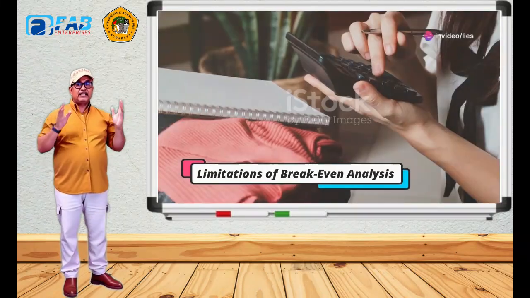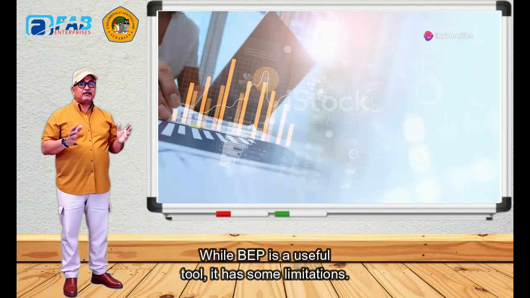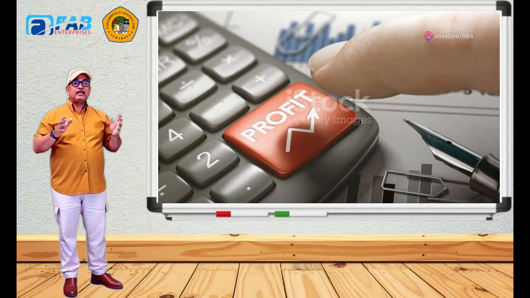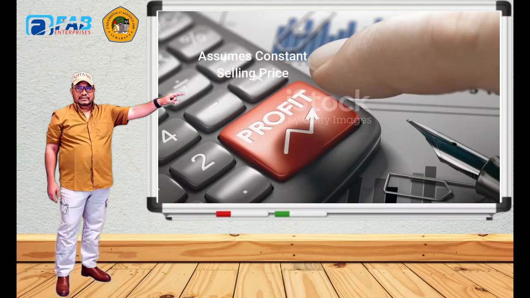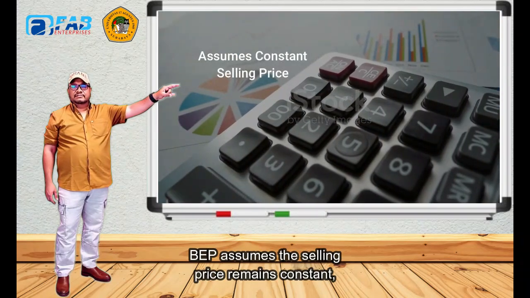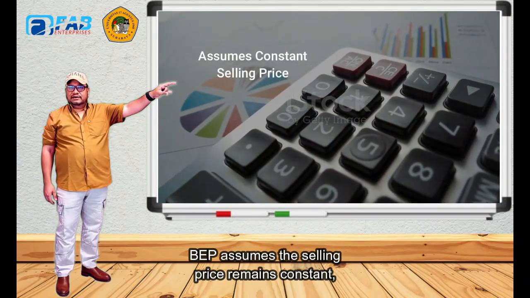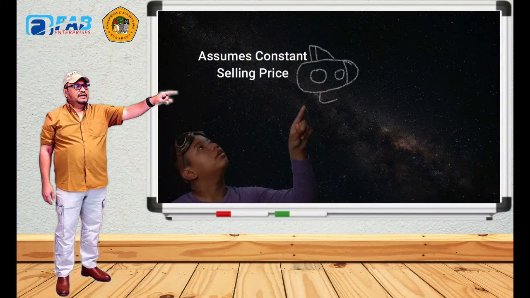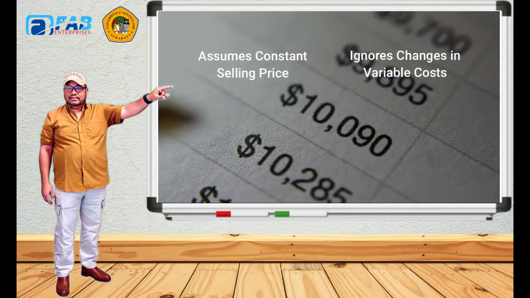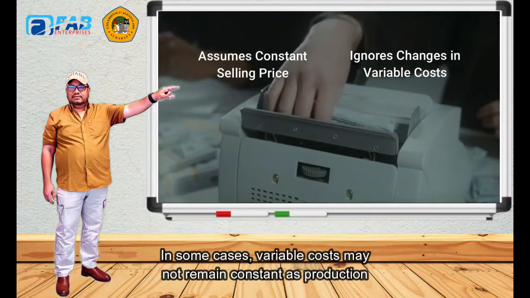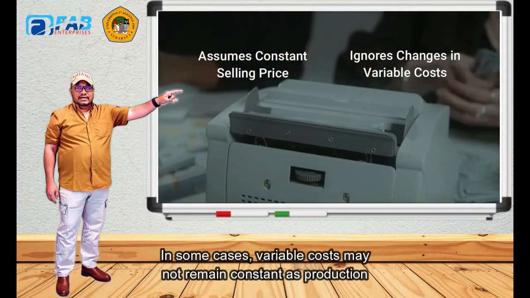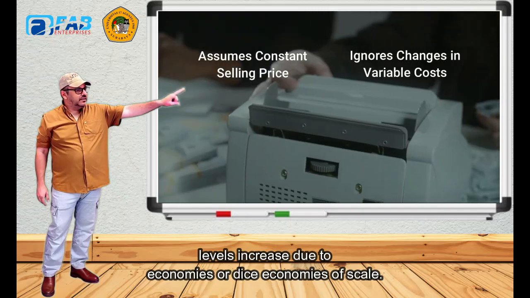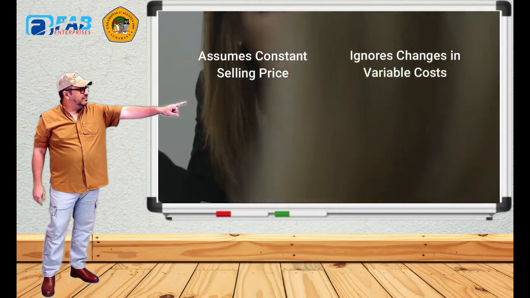Limitations of break-even analysis. While BEP is a useful tool, it has some limitations. Assumes constant selling price. BEP assumes the selling price remains constant, which may not always be realistic in competitive markets. Ignores changes in variable costs. In some cases, variable costs may not remain constant as production levels increase due to economies or diseconomies of scale.